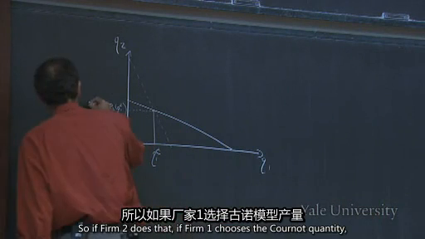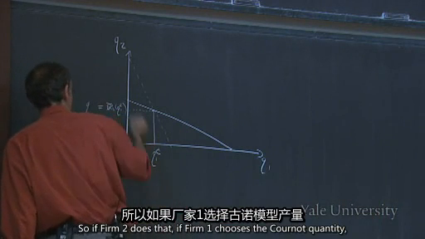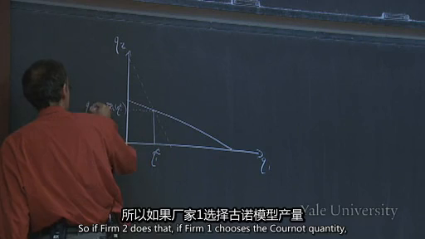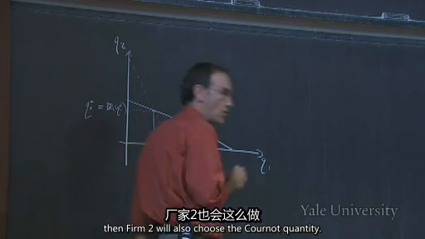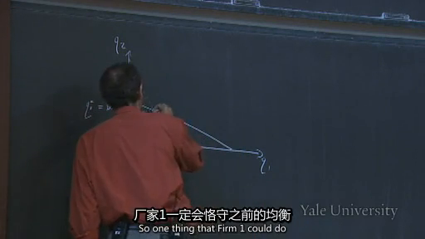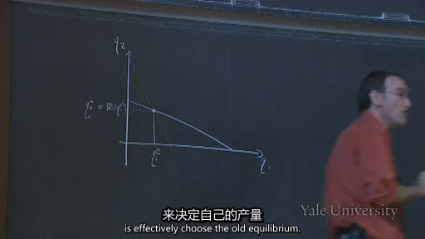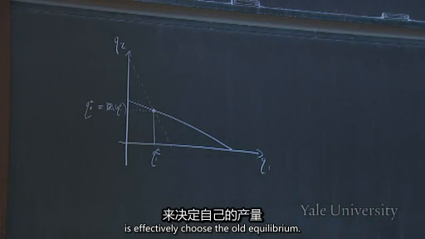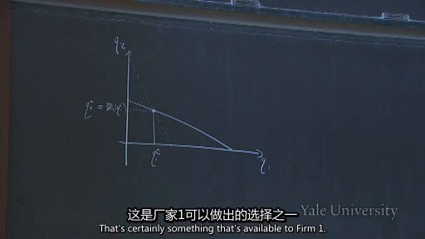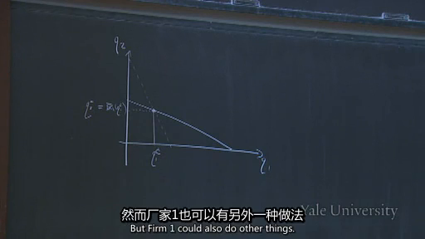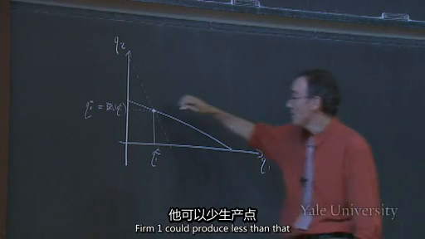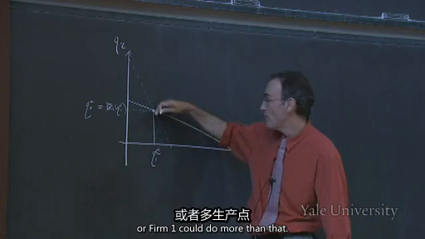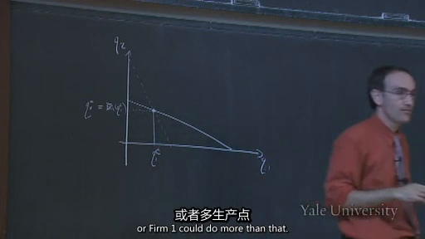So if firm 1 chooses the Cournot quantity, then firm 2 will also choose the Cournot quantity. So one thing that firm 1 could do is effectively choose the old equilibrium. That's certainly something that's available to firm 1. But firm 1 could also do other things. Firm 1 could produce less than that, or firm 1 could do more than that.